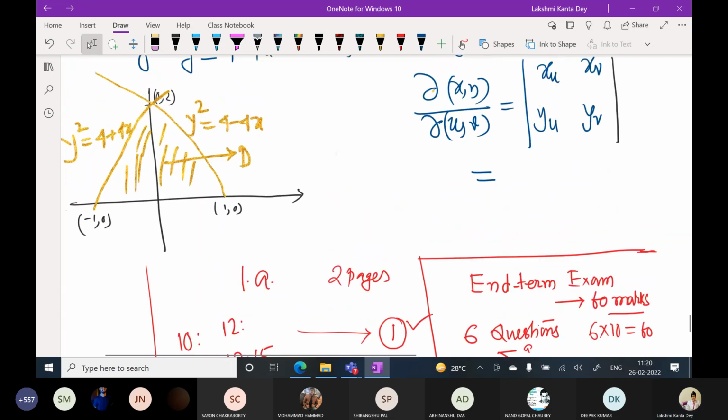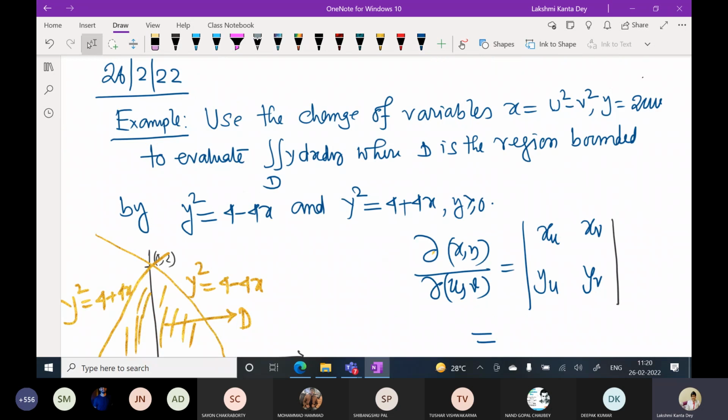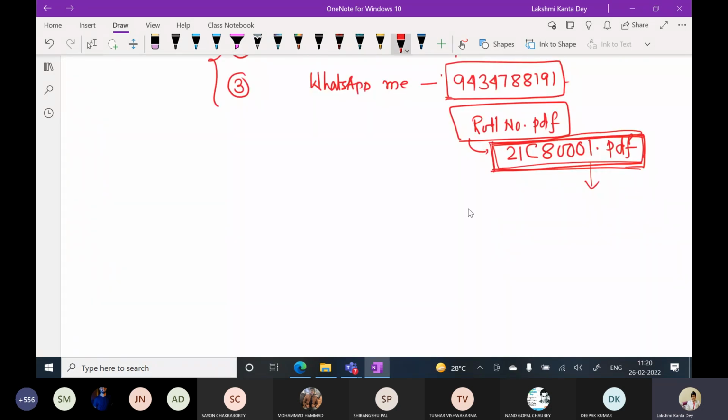So how do we get credit? Okay, suppose Mathematics MSc 01, this paper is 4 credits. This is an example of how you get credit points. 4 into 10, the maximum points is 40.